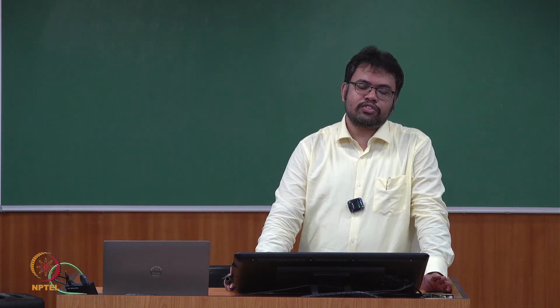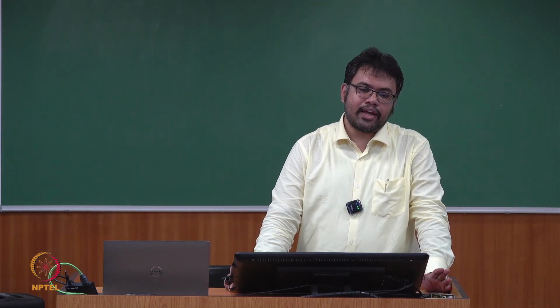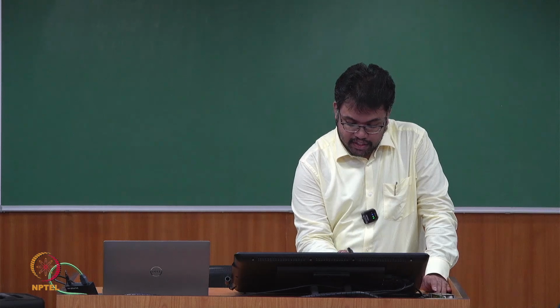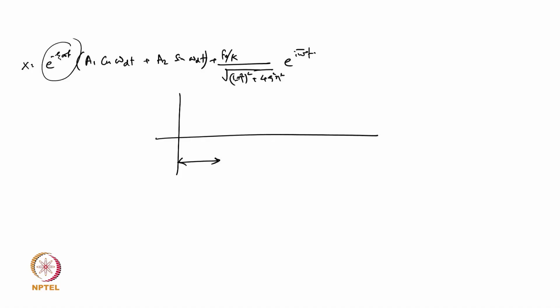For example, suppose your initial displacement was very small, but the excitation force amplitude is quite high. Then the structure will have some portion where you have this transient effect.